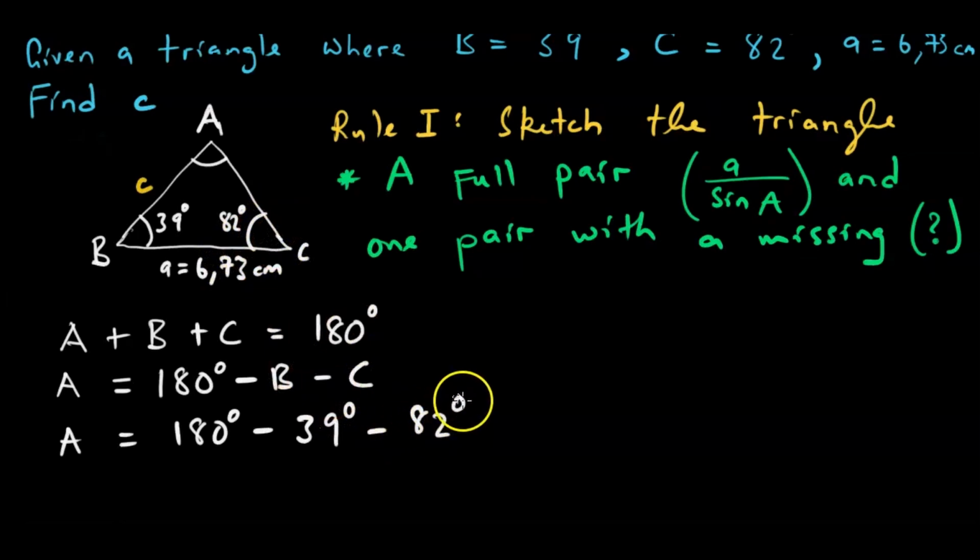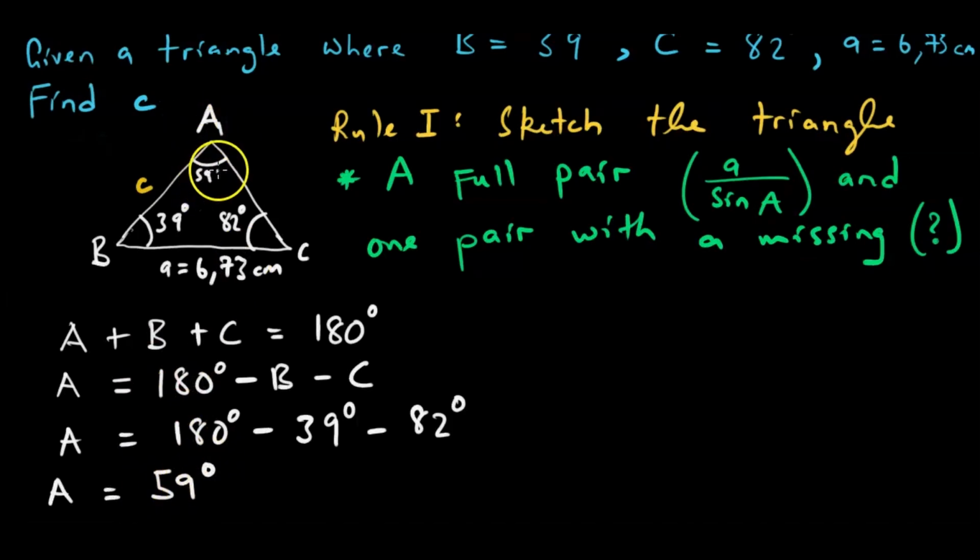Since we are working with the assumption that this is paper 2, we go to our calculator. 180 minus 39 minus 82 gives us 59. So A is equal to 59 degrees.